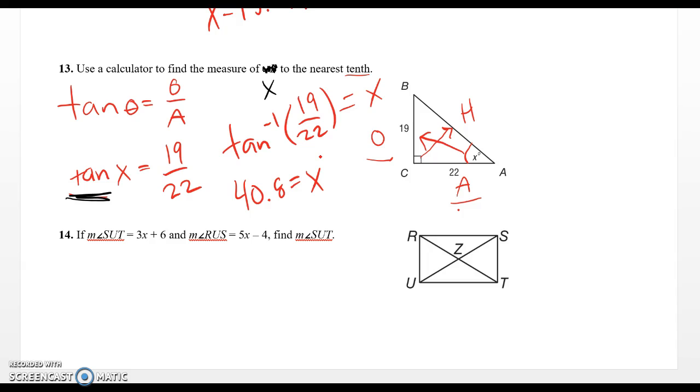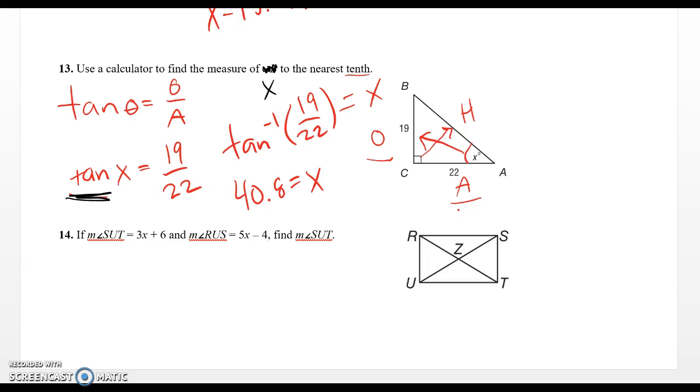Awesome, guys. So, last one, number 14. Again, of course, my last two are going to be typos. It says if measure of SUT is equal to 3x plus 6 and RUS is 5x minus 4, find SUT, but it doesn't tell you anything about the figure. I just left that out of the directions.